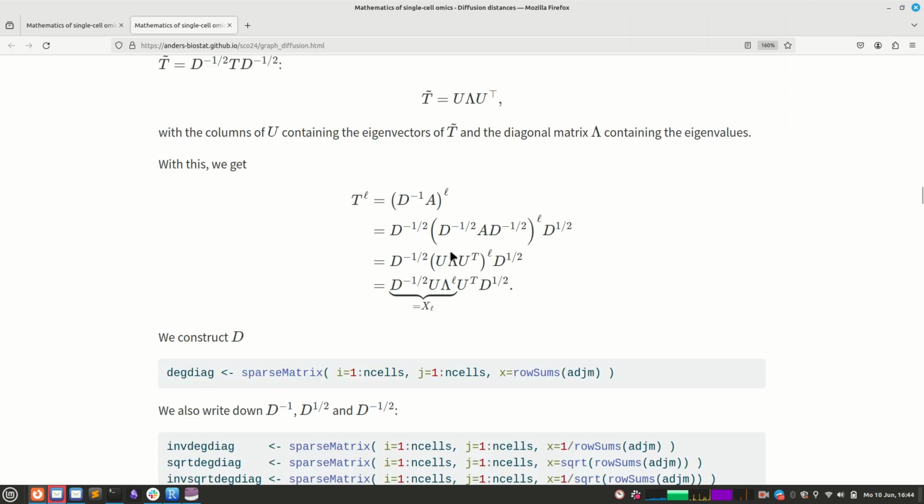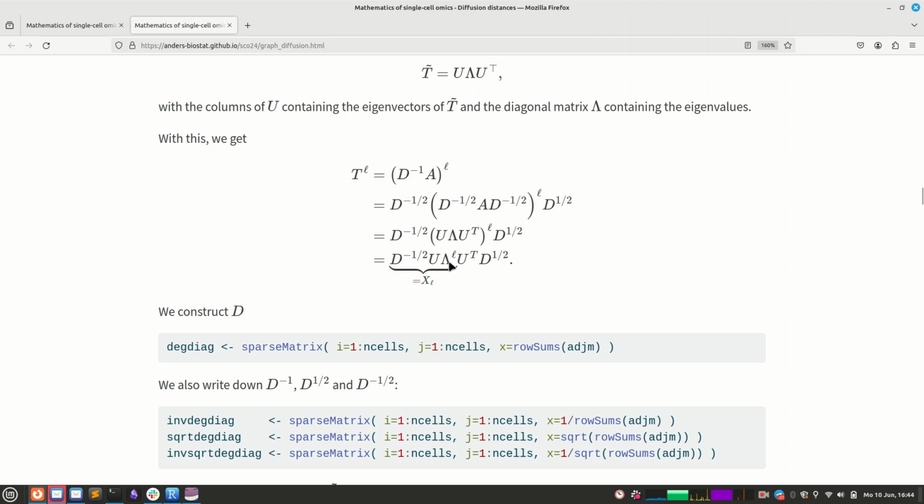So this matrix XL here, which we just make by multiplying this degree matrix, the eigenvector matrix, and the eigenvalue matrix taken to the 300th power. And this matrix is now a matrix with 100 columns, because we've chosen to keep 100 eigenvalues, and 1 row for each cell. And the individual rows describe 1 cell each.